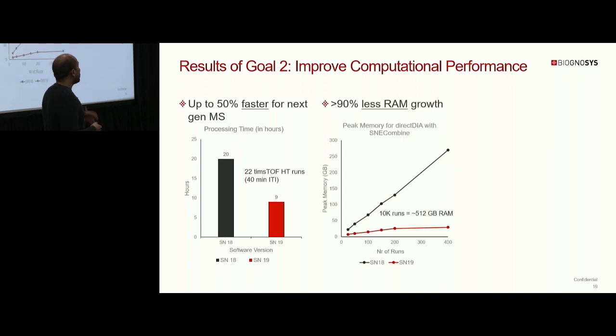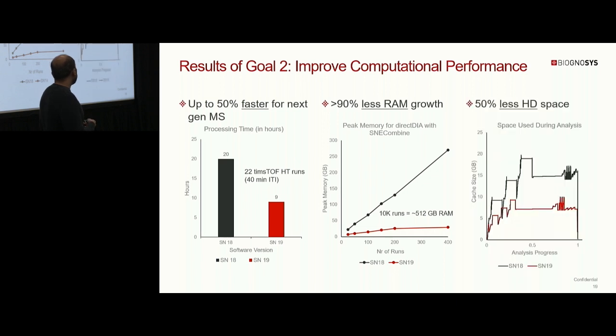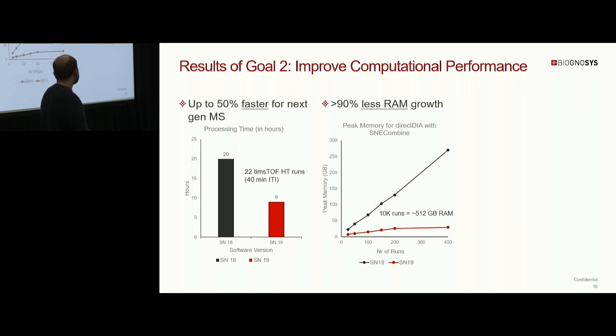And also, this is really exciting, we really improved the amount of RAM, the scalability of your experiments. So as you can see, you have like 90% less growth in RAM. And we did an experiment where we analyzed 3,000 diaPASEF runs, and it took less than 200 gigabytes of RAM.